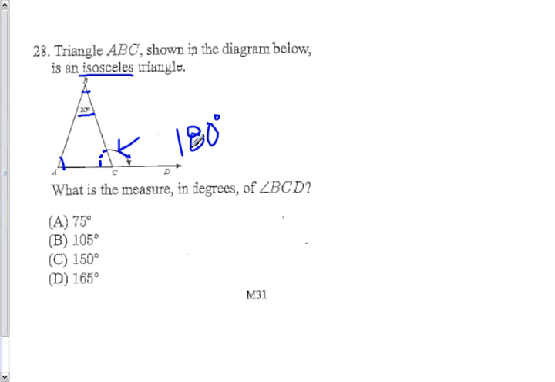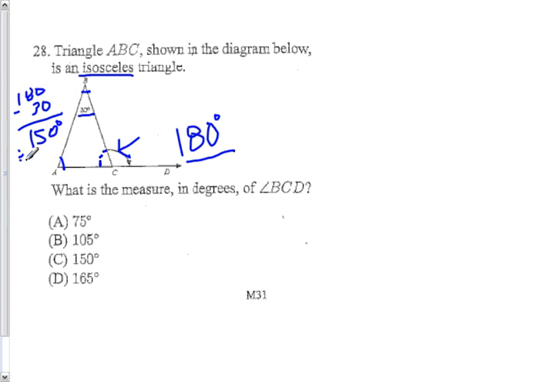Again, there are 180 degrees in the interior of a triangle. So if this is 30 degrees, then that leaves 150 degrees between angle A and angle C. We did that by 180 minus 30, which leaves 150 on the other two angles. Now we need to split that up between the two.